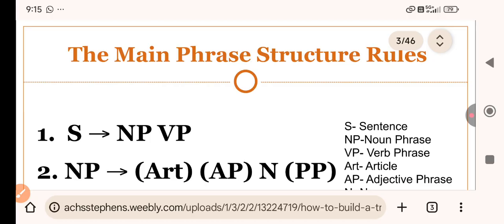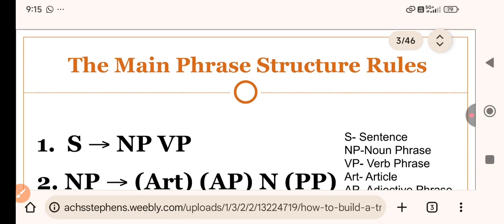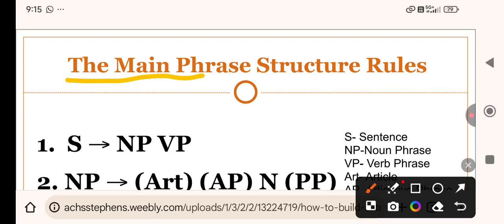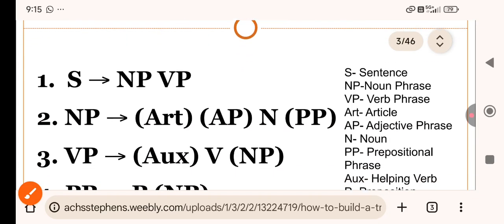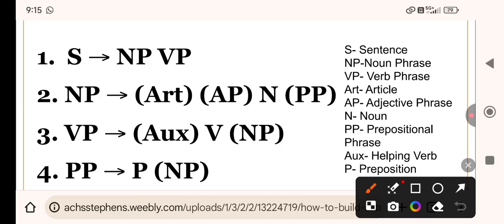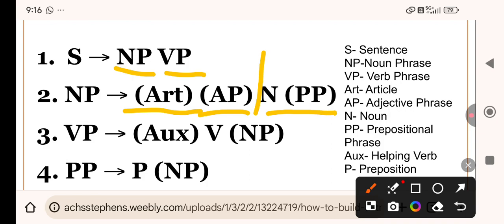Now the explanation is the main phrase structure rules. What is very important? The main phrase structure rules we are going to discuss. First of all, a sentence is divided into noun phrase and verb phrase. Then the noun phrase is divided into article, that can be an article phrase, and noun, and a prepositional phrase, right?